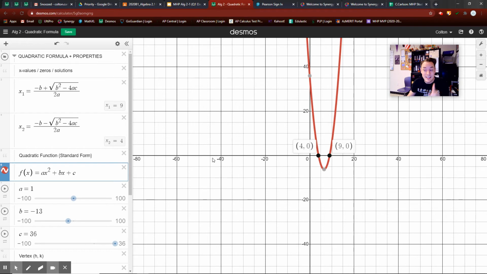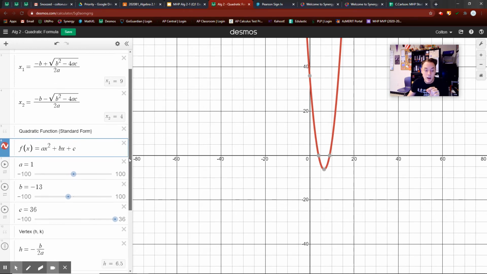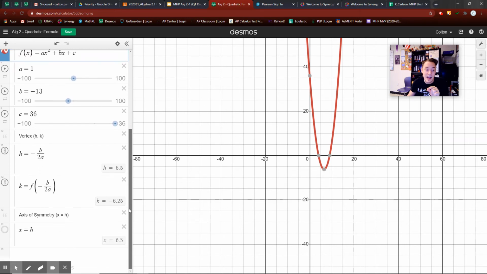But the part that I did not show you last week using this formula is the bottom part, where now it gives you your vertex. Not vertex form, but it gives you your vertex. You could use this information to then plug it into vertex form if you wanted. You can say y equals x minus 6.5 squared, and then minus 6.25.